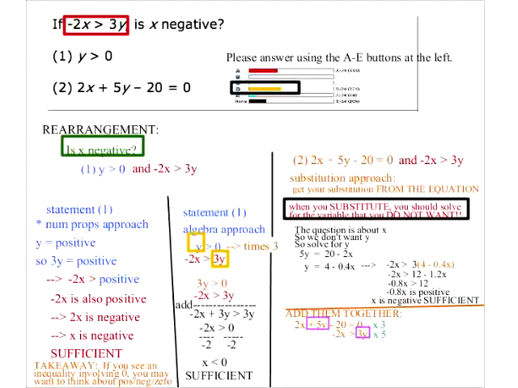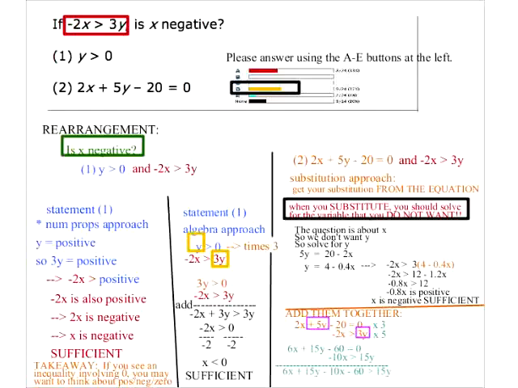So if you multiply the first one by 3, you get 6x plus 15y minus 60. The second one times 5 gives you negative 10x is greater than 15y. So these can be added together. If you add these together, you get 6x plus 15y minus 10x minus 60 is greater than 15y.